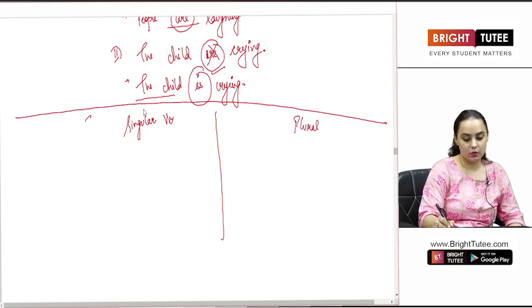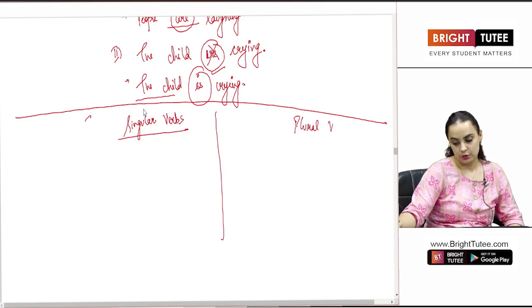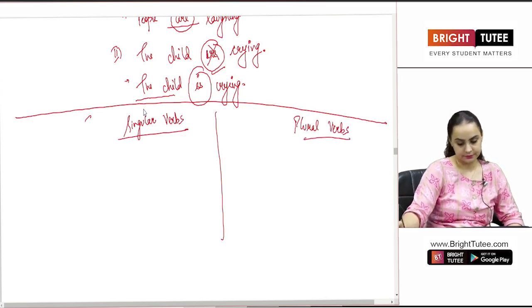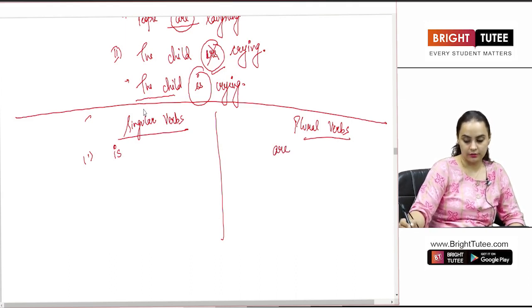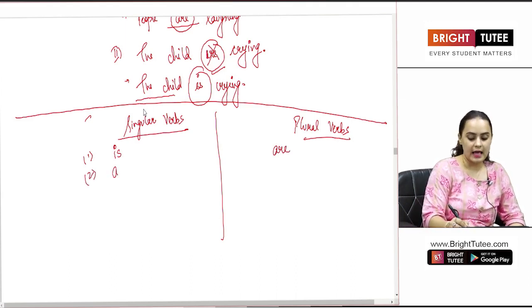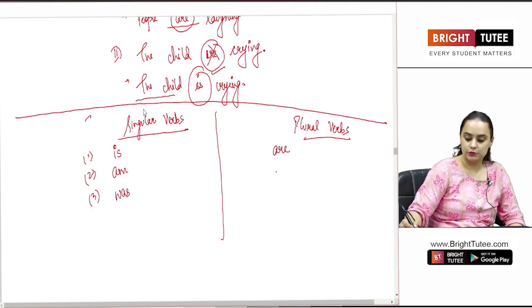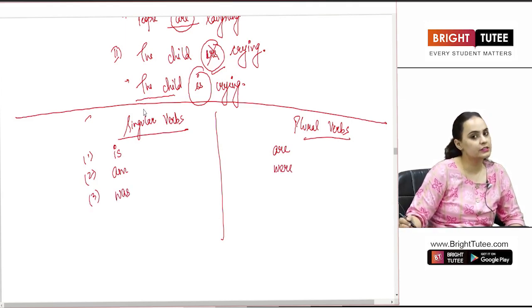So singular verbs and the plural verbs. Is, are, then am is used with singular, was is used with singular, and were is used with plural.